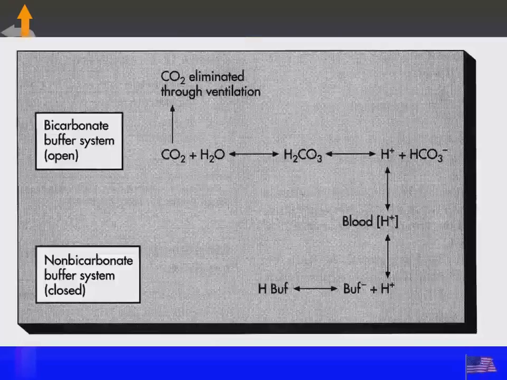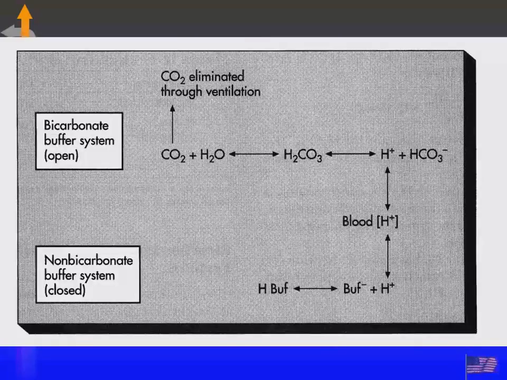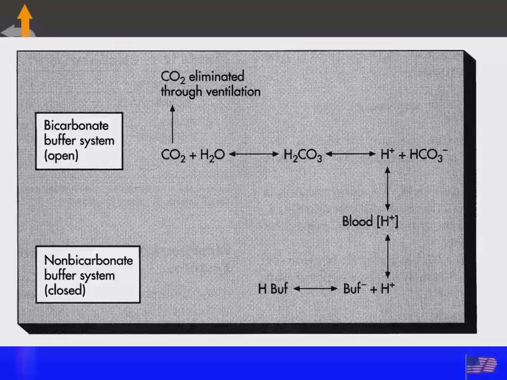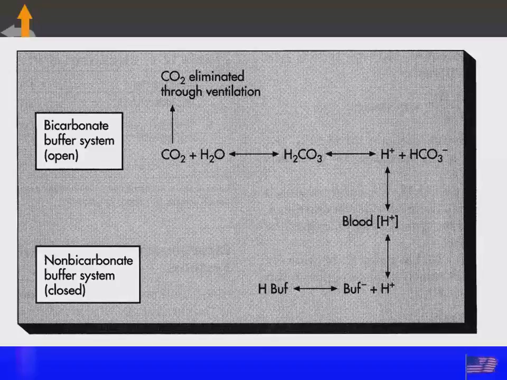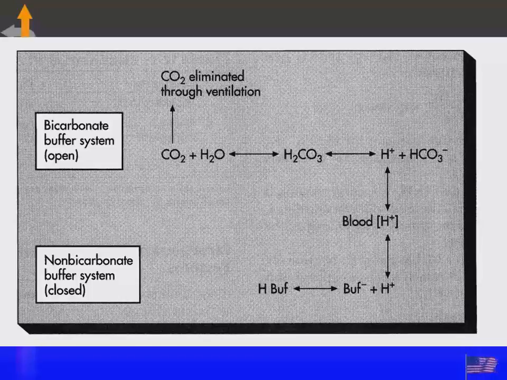This is the bicarbonate buffering system on top, and this is considered an open system because part of the byproducts are excreted through the lungs. On the other hand, in the non-bicarbonate buffering system, where something else such as hemoglobin buffers hydrogen ions, that mechanism just buffers the hydrogen ion but doesn't necessarily excrete it.